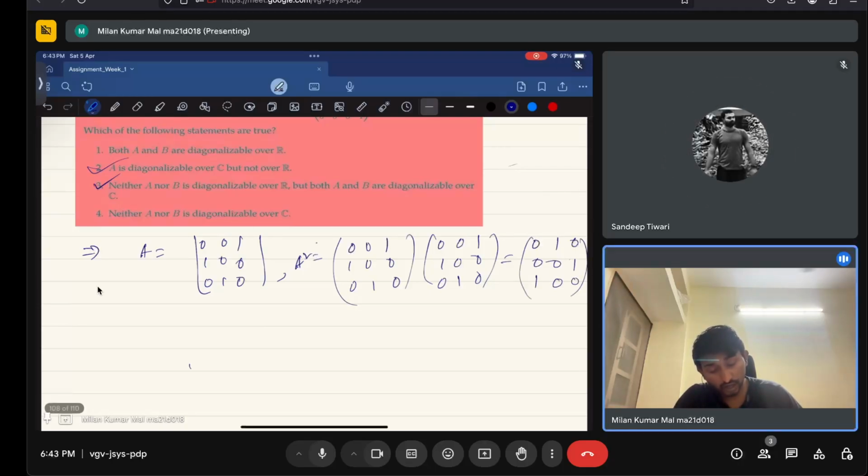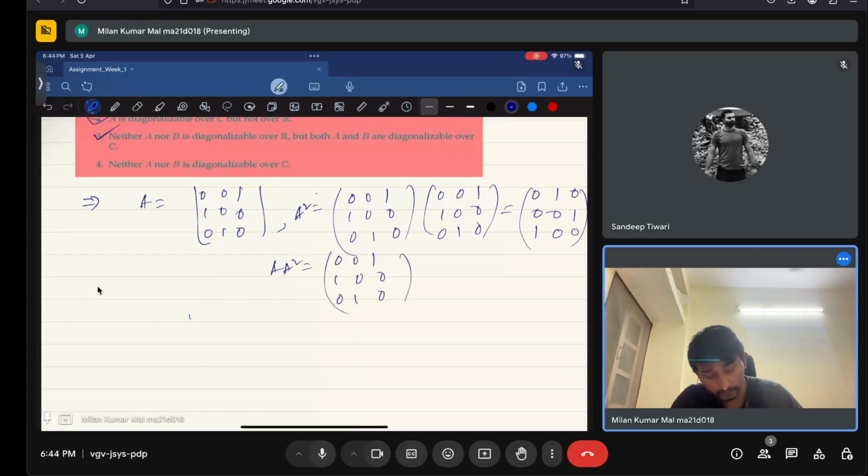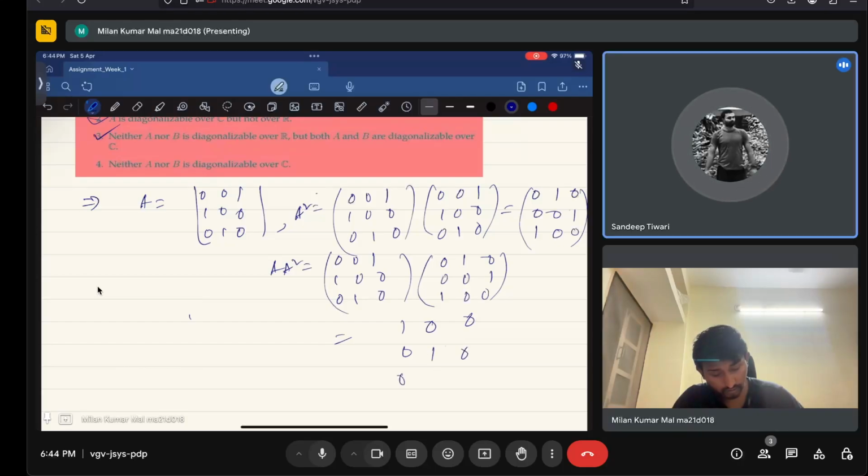So now what we have to do is multiply A and A square. That will be 0 0 1, 1 0 0, 0 1 0 times 0 1 0, 0 0 1, 1 0 0. Just to verify, 1 here, 0 here, 0 here, 0 0 1, 0 here, 1.